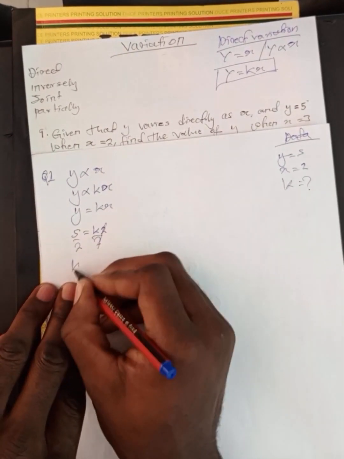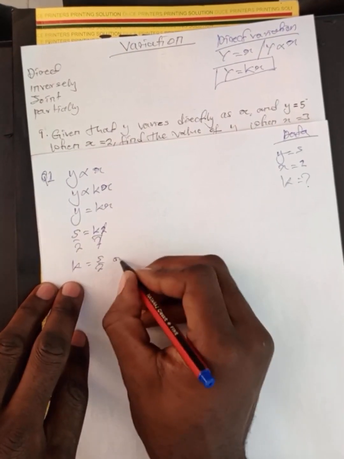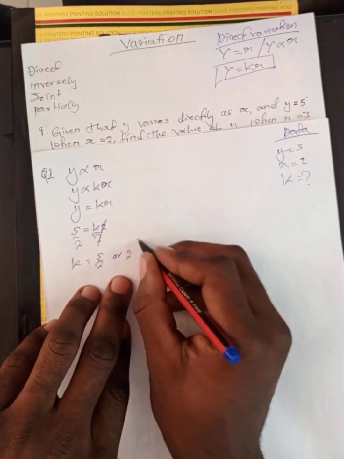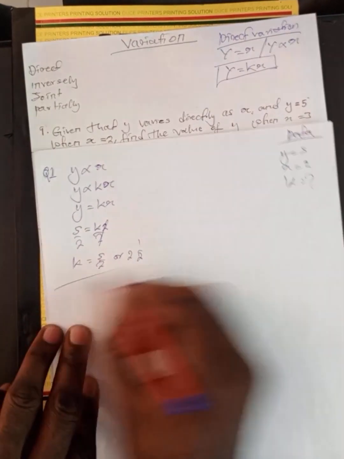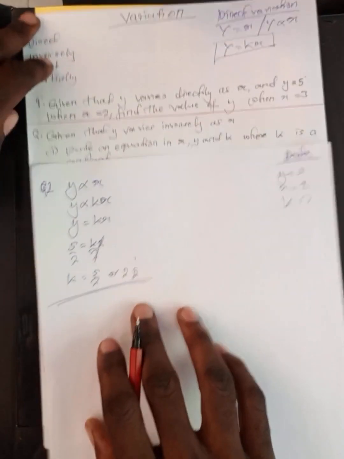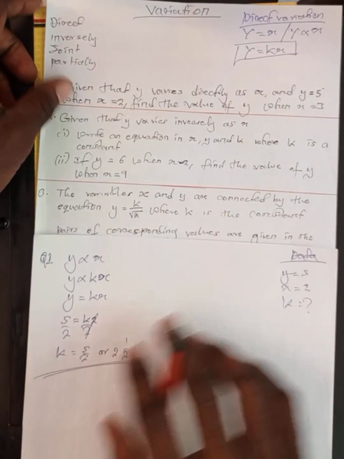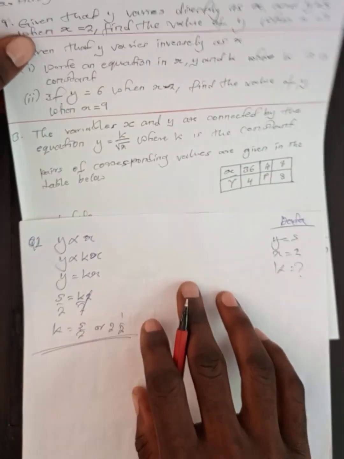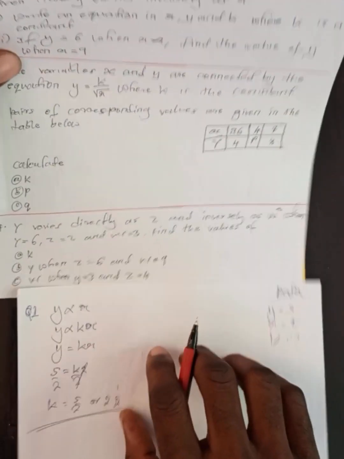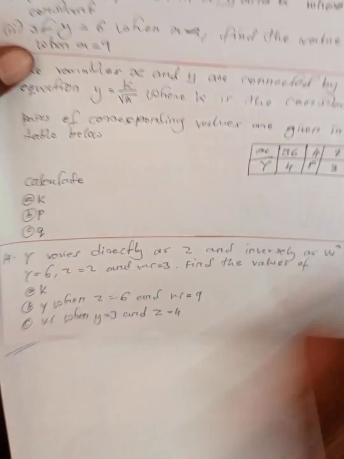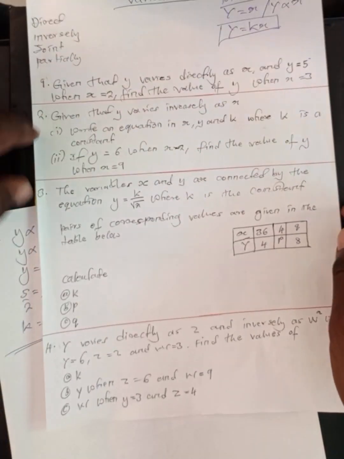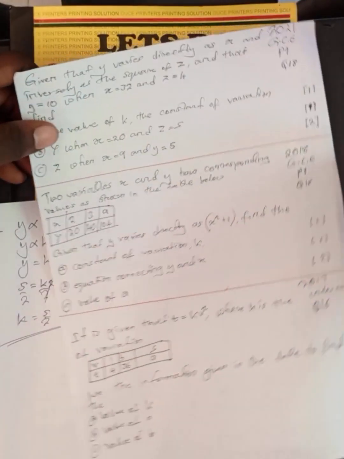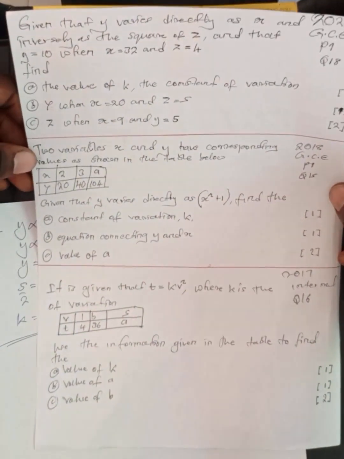So k is equal to 5 over 2, or 2 remainder 1 over 2. This is the answer. We continue under variation. Here we have so many questions for variation, but I want you to learn about direct variation first.